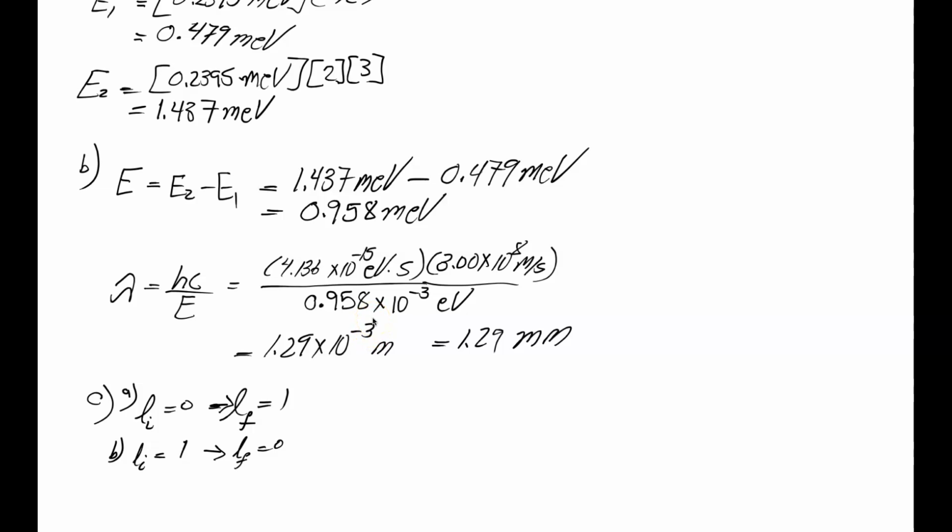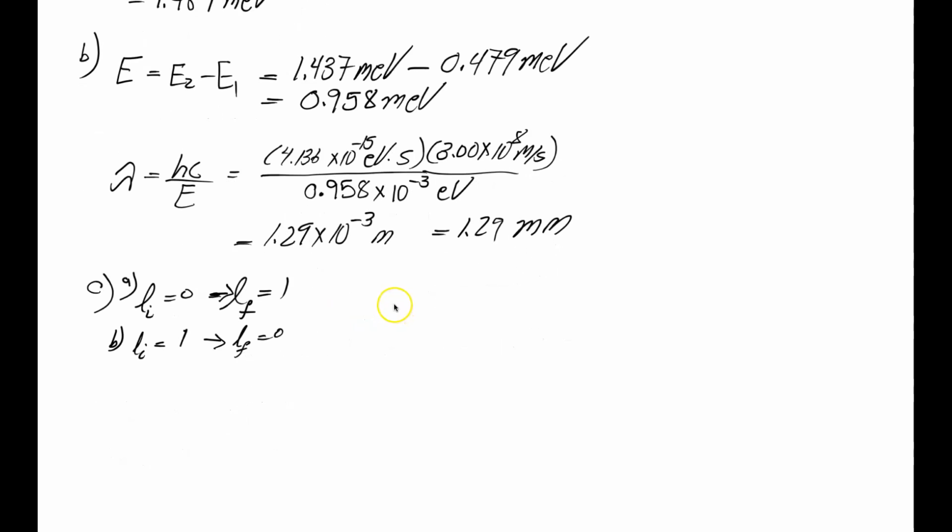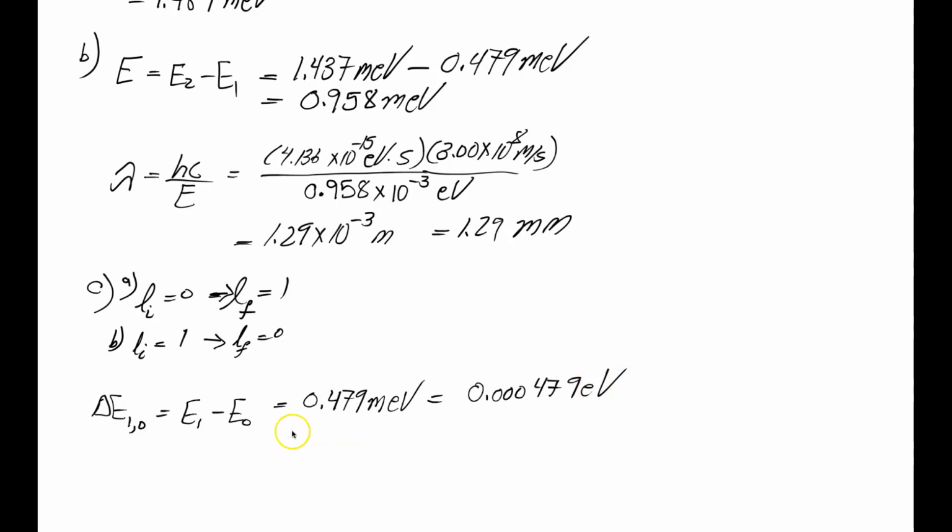And then the difference between the 1 and the 0 levels, as we saw before, if we take E1 minus E0, if you look at part A, that will give us a change of 0.479 milli-electron volts, which is the same as 0.000479 electron volts.